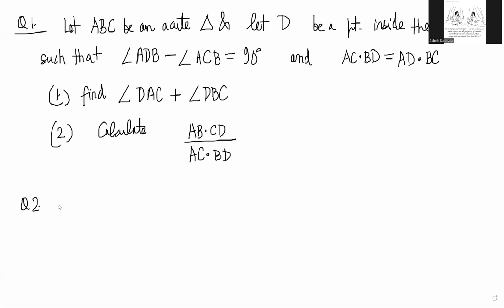Question 2 is this. Let ABC be a triangle with twice of angle BCA is equal to angle CBA.